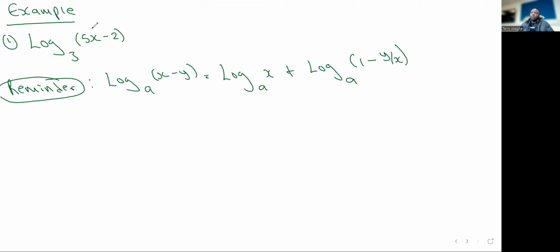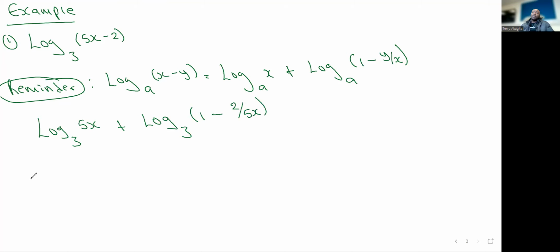All this here is the x, and all this here is the y. So this becomes log_3(5x) plus log_3(1 - 2/(5x)).